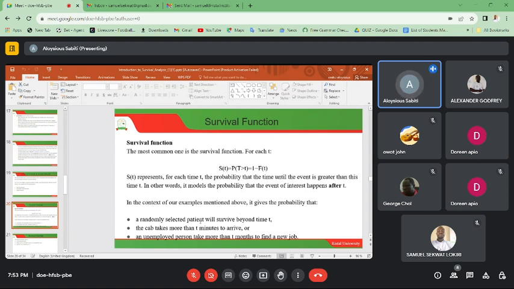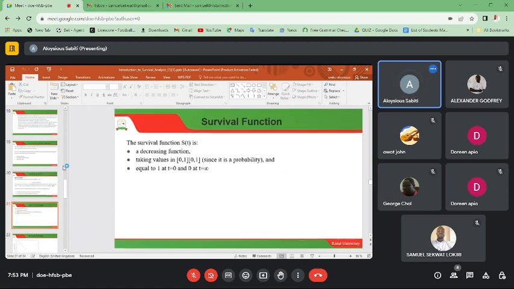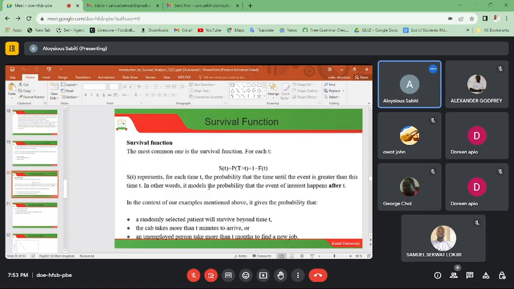So in the context of our example mentioned above, it gives us the probability that a randomly selected patient will survive beyond the time 30 or the time t. Or an unemployed person will take more than t months to find a new job.